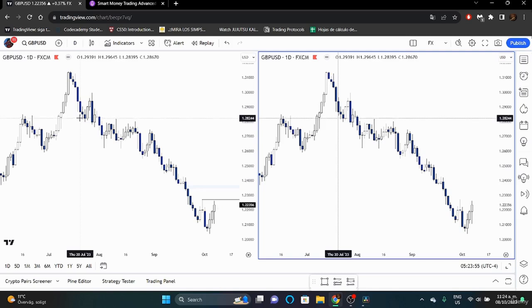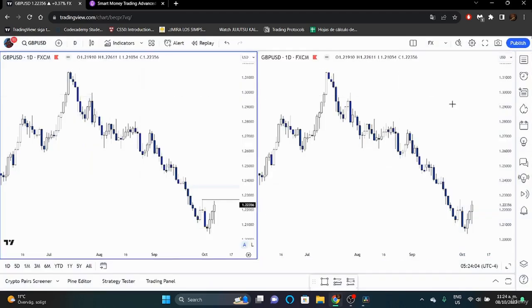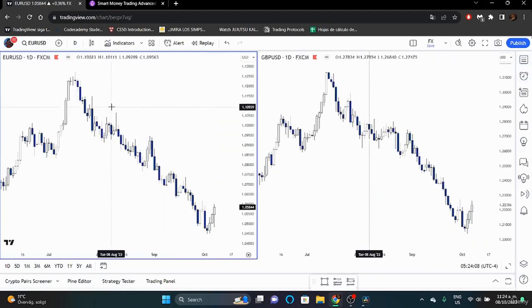Look at the cursors on both screens. We run lower, then we run higher. Okay, I'm gonna change this to euro. Okay, we run lower, then we run higher. Okay, then this destroys the order block and the swing low right here.